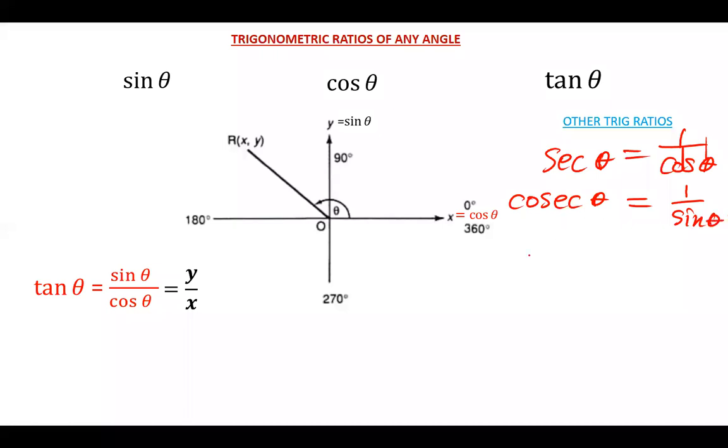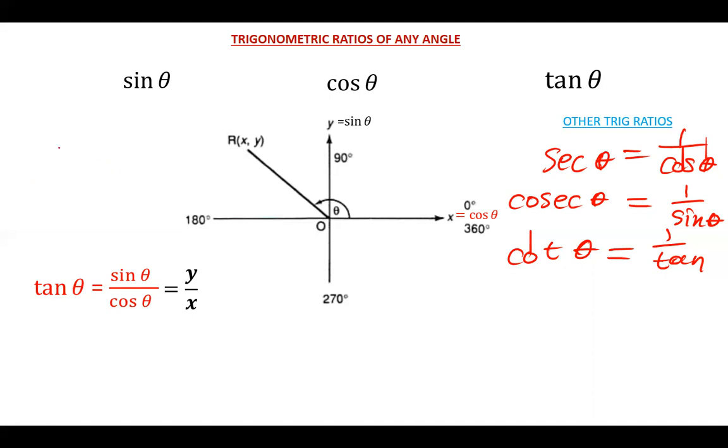There's also what is known as cotangent, which is abbreviated as cot theta. So cot theta is equal to 1 over tan theta. Let's replace tan theta with sine over cos.